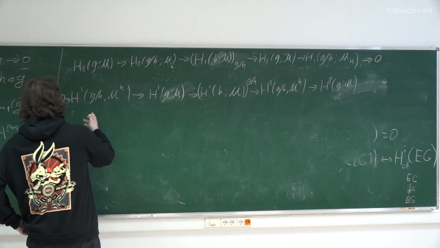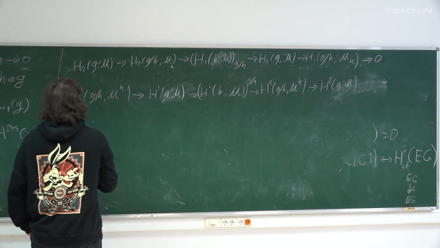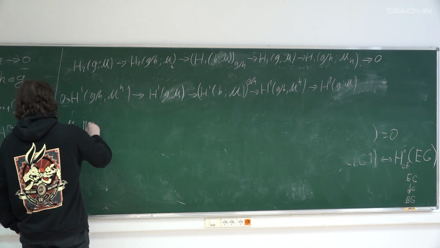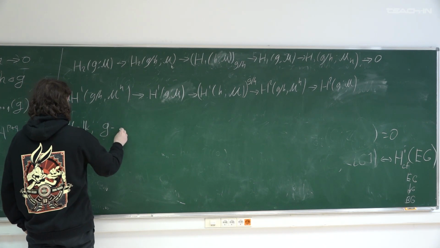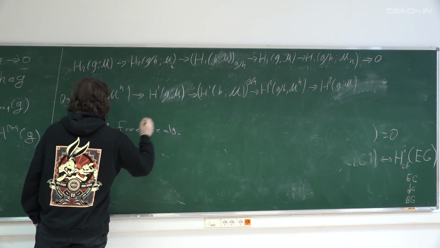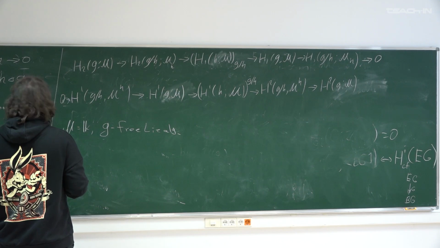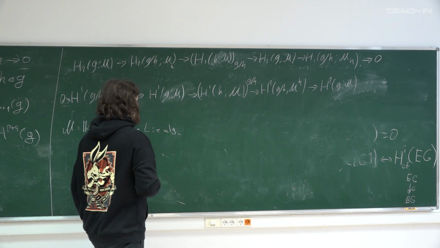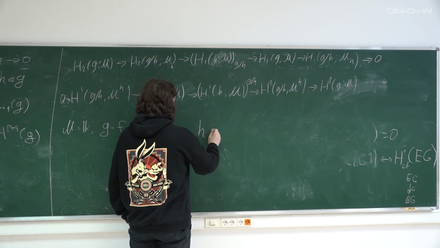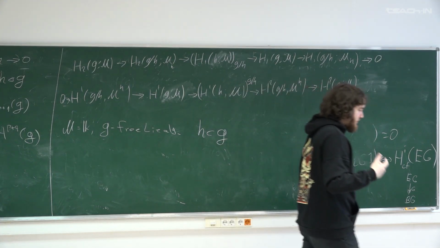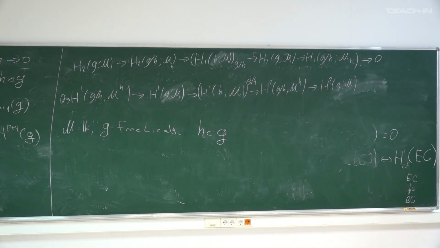then we obtain, for example, from the first, that, yes, if M is k and G is a free Lie algebra, then as for groups, any subalgebra of a free Lie algebra is also free. It's not obvious. Also for groups it is not very obvious.